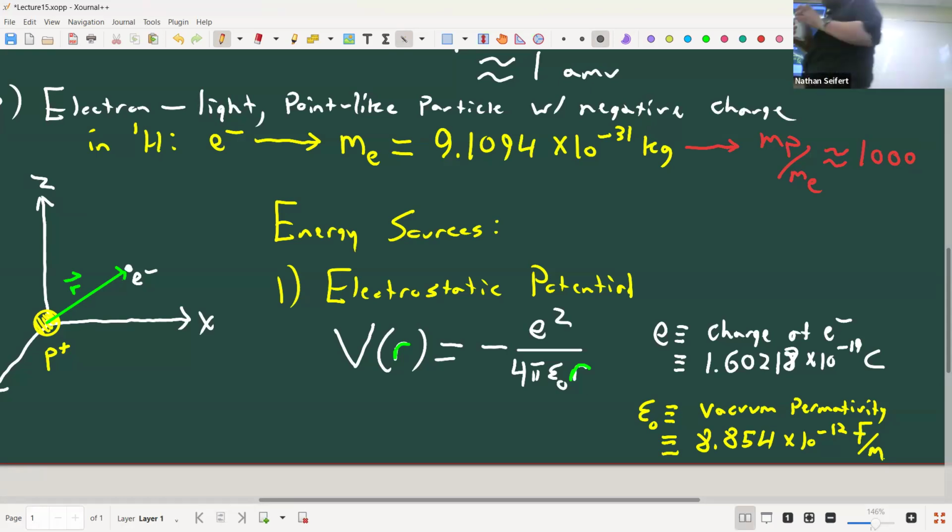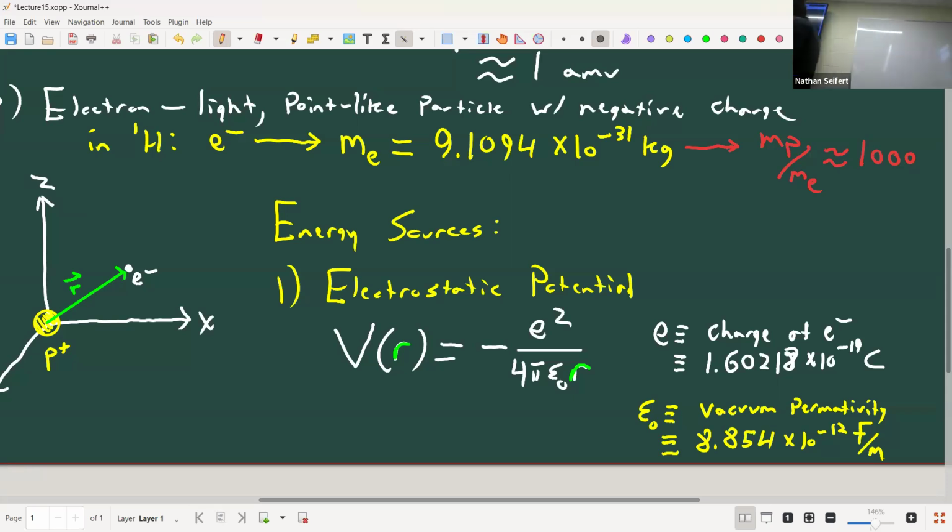It's just some electrostatic constants. So the potential energy has something to do with the amount of charge, right? How much negative and how much positive charge you have. Remember, the electron has the same amount of negative charge as the proton has positive charge. They have the same amount of coulombs.